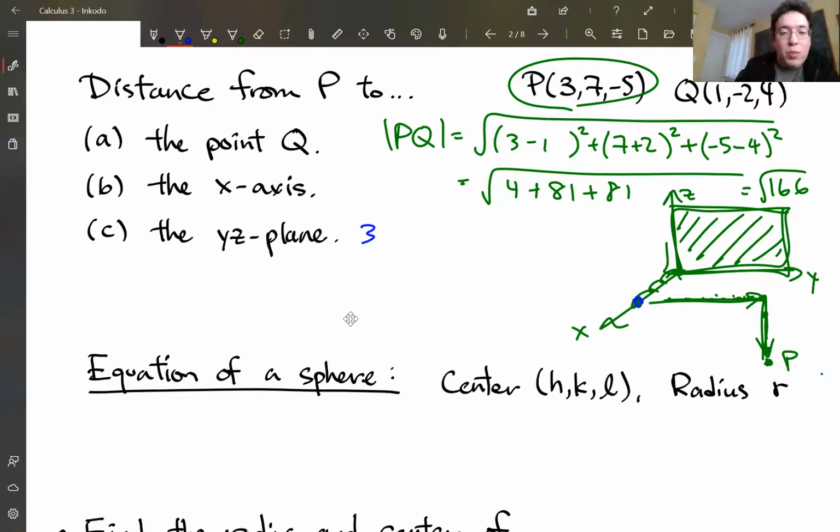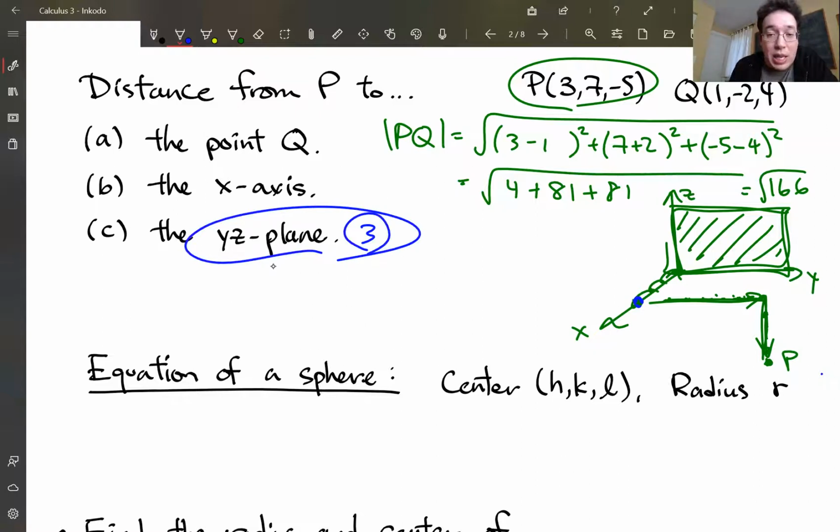So when you're looking at the YZ plane, you just look at the absolute value of the x coordinate. And when you're looking at the distance from the x-axis, you ignore the x coordinate and look at the part that's parallel to the YZ plane. I hope that made sense.